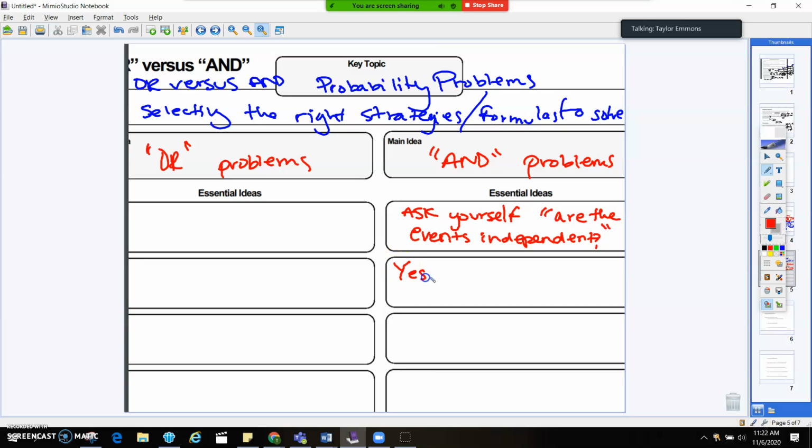And if they are, then the probability of A and B is the probability of A times the probability of B. So if they are independent, then you're going to multiply them.